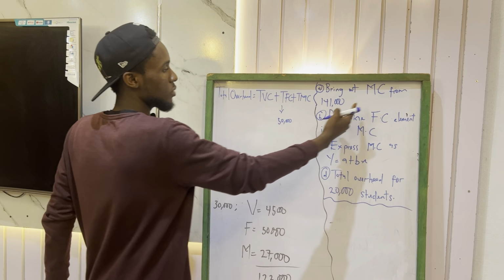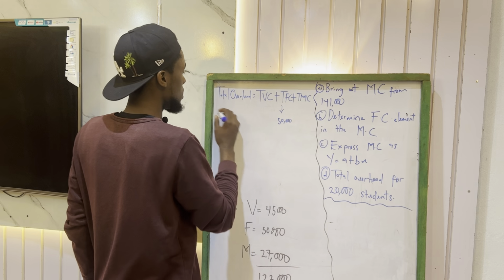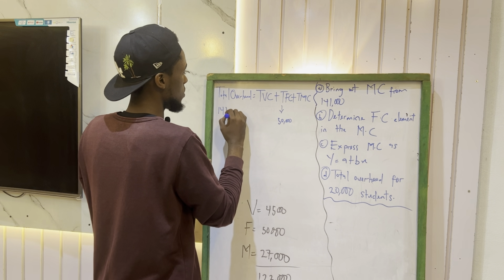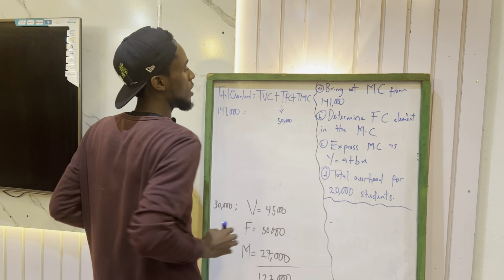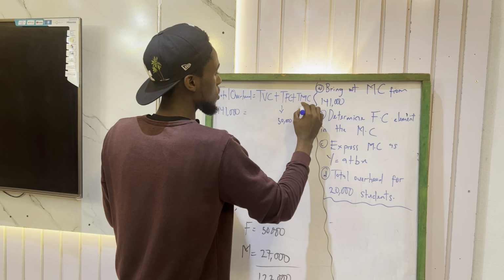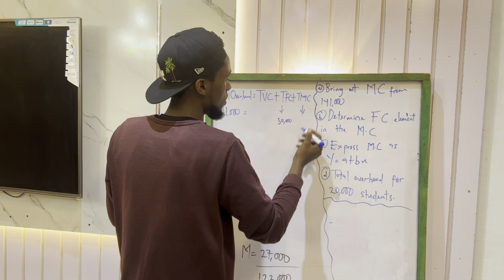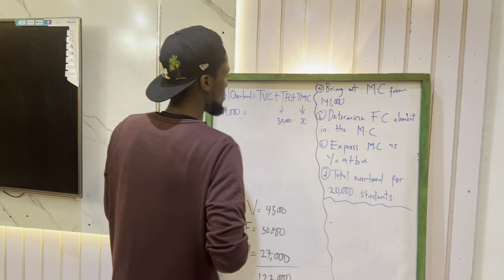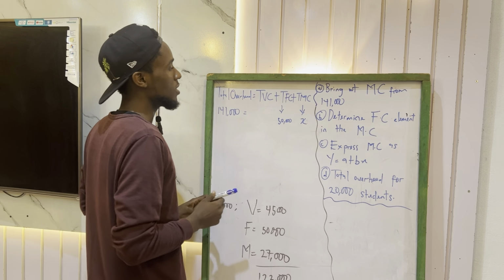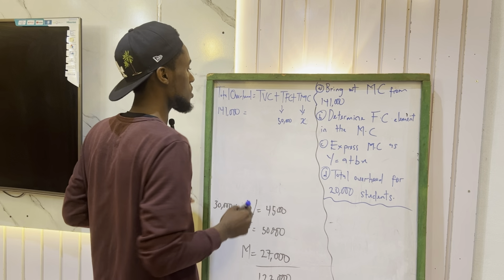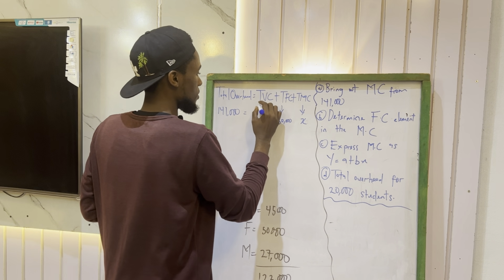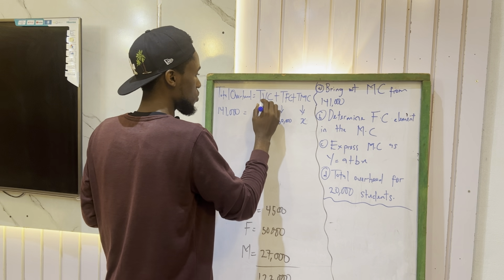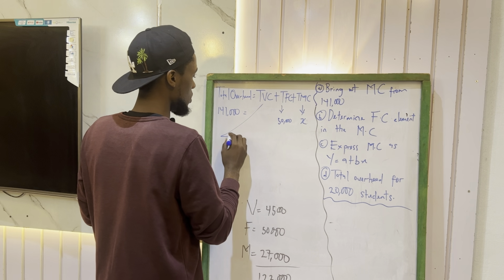Total overhead, they said we should be working with 141,000. Now, if we are looking for our maintenance cost, let's call this one X as usual. Then the variable cost. Now we'll have to solve this one. Let me draw an arrow here.